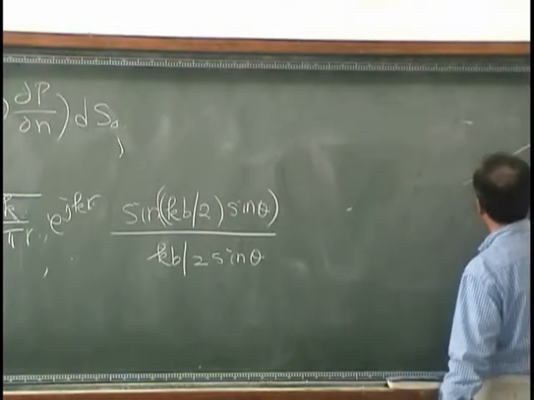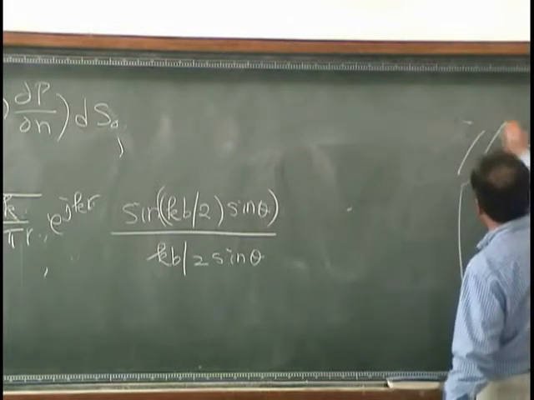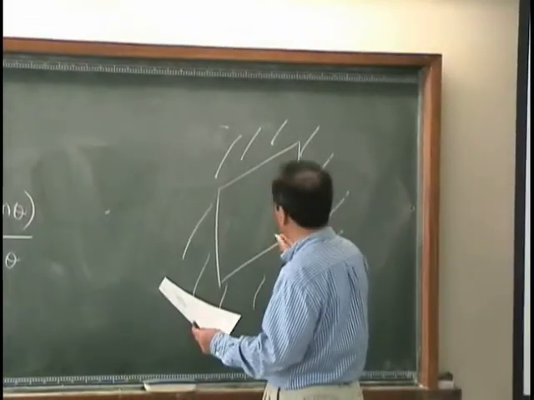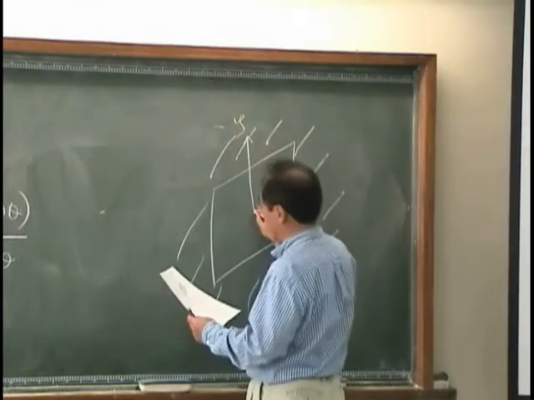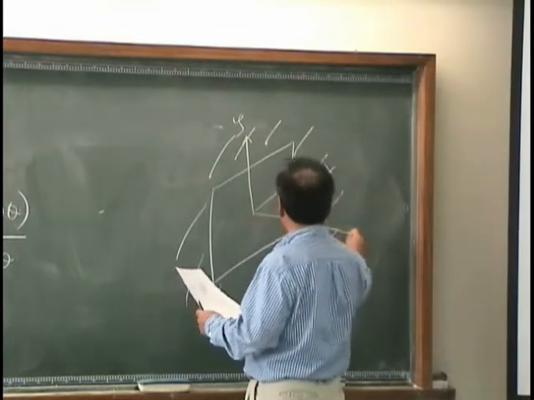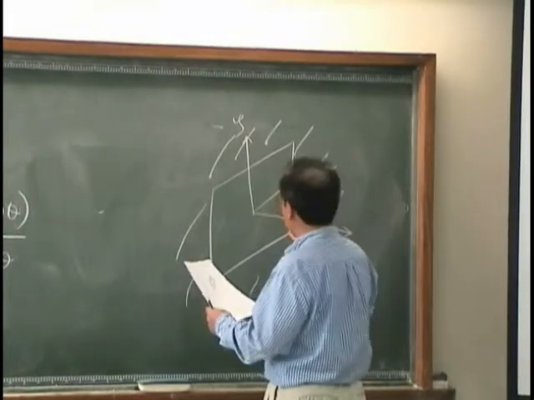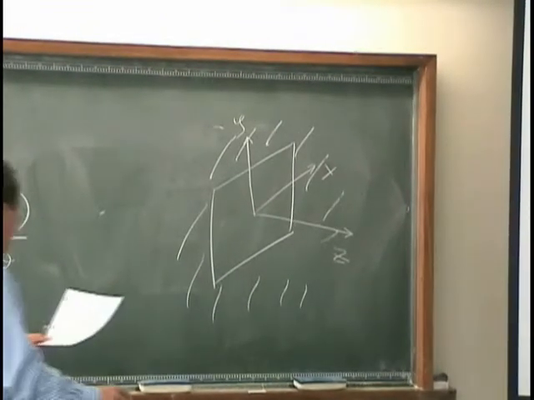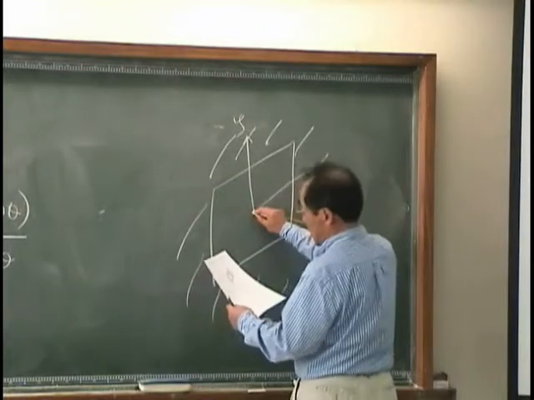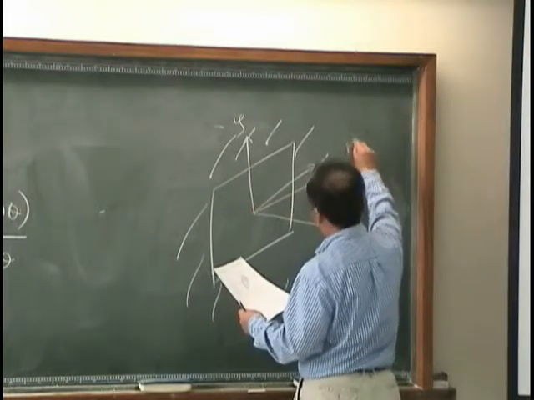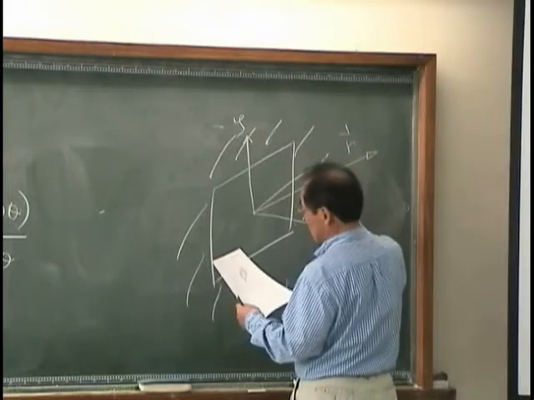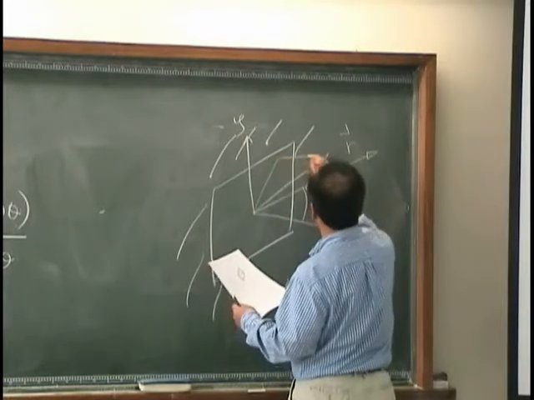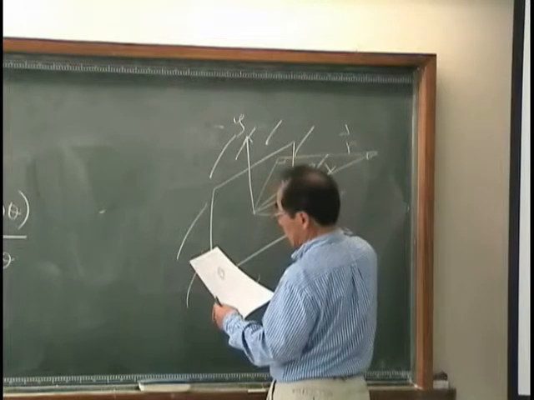When I have a three-dimensional opening, in this case, for example, I have coordinates y and x, and I have z over here, and I denote, as you can see in the text, this is R, and this is theta, and this is the right angle.